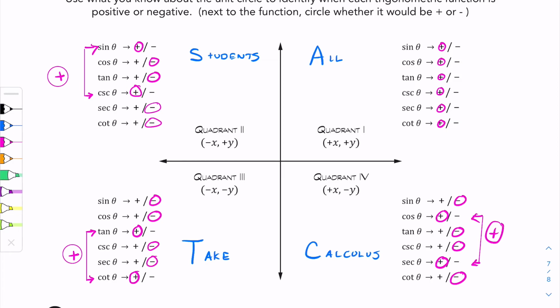And if we look at the letters, A for all, that means all values are positive. If we look at S for students, that tells us that our sine values, so anything that's related to sine, that would be sine and cosecant.